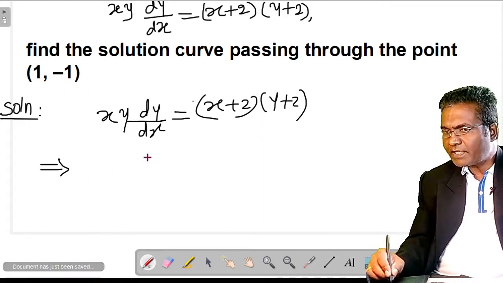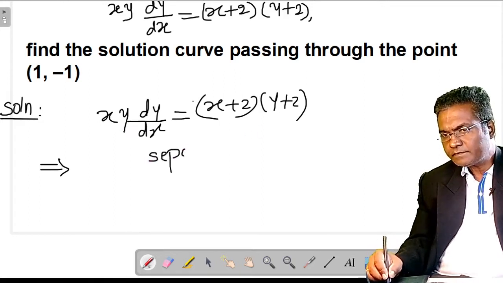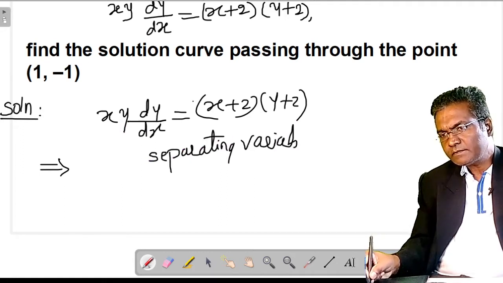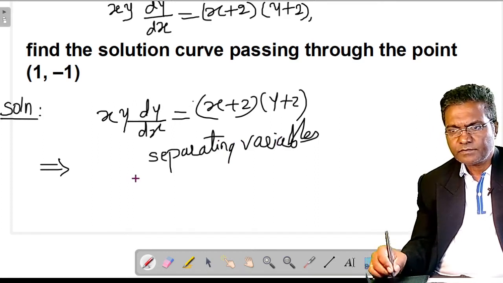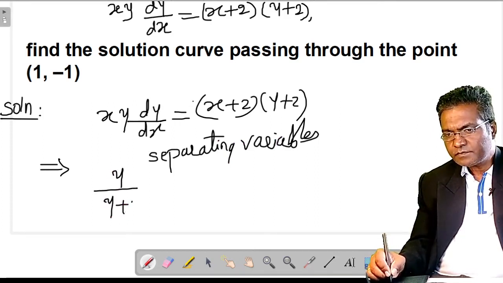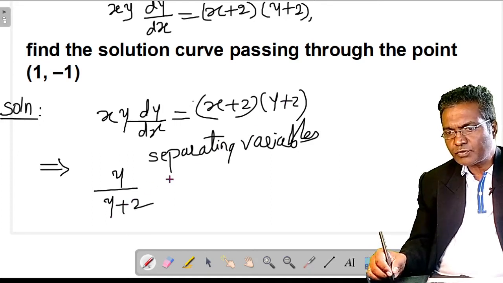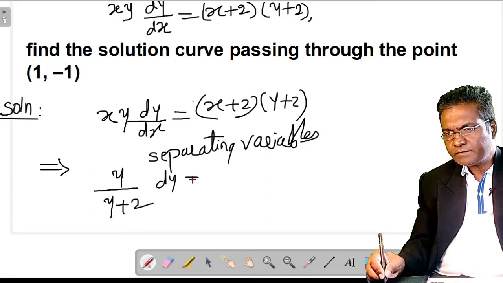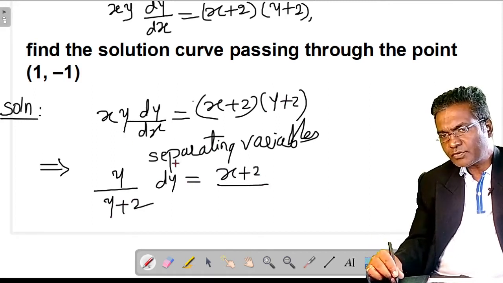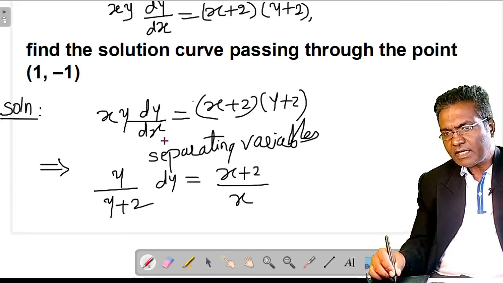So first separate the variables. Separating variables: the y term, I can bring y plus 2 to this side into dy, x plus 2 divided by x, and this dx in the numerator.